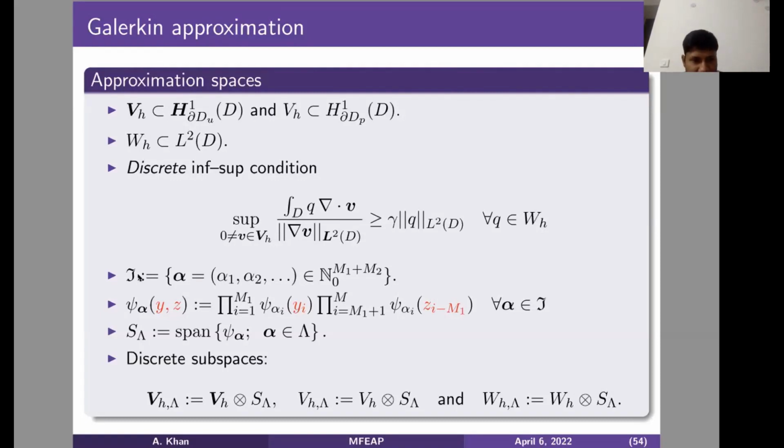And then for the parametric part, we define these multi-indices and then we'll define this approximation, orthogonal polynomials. And then we define our S lambda, which is nothing but a span of this xi alpha. And when we have this finite element approximation and parametric approximation, then we'll just define discrete subspaces for our displacement, fluid pressure, and the total pressure.